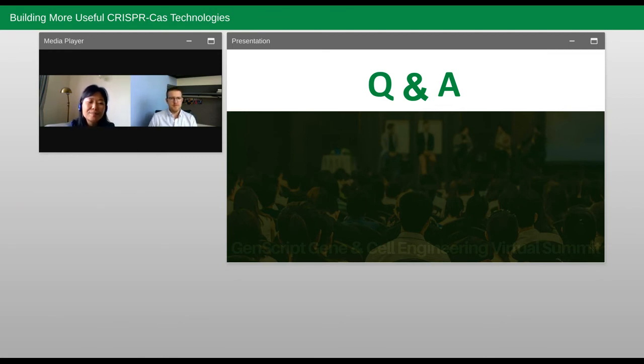Sure. So I guess the question is, do we increase the off-targeting rate? Yes. I showed that on some of the slides, that we increase the off-targeting prevalence because these enzymes are reading more of the genome. I think that's essentially the expectation. So what I showed is we can mitigate these new off-targets by using these high-fidelity proteins that tune the enzyme to be more specific for its intended on-target site.